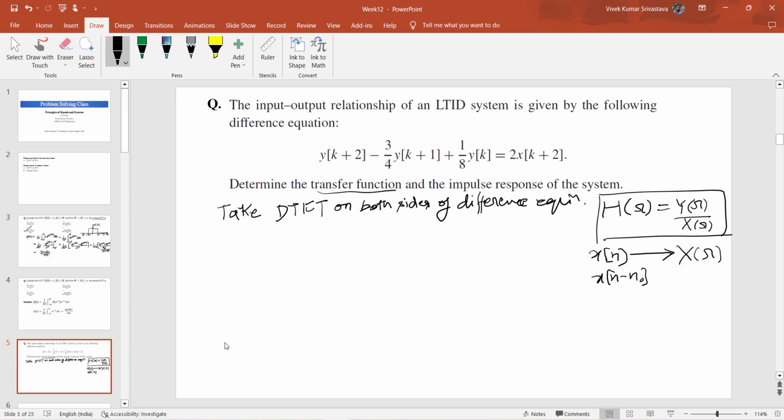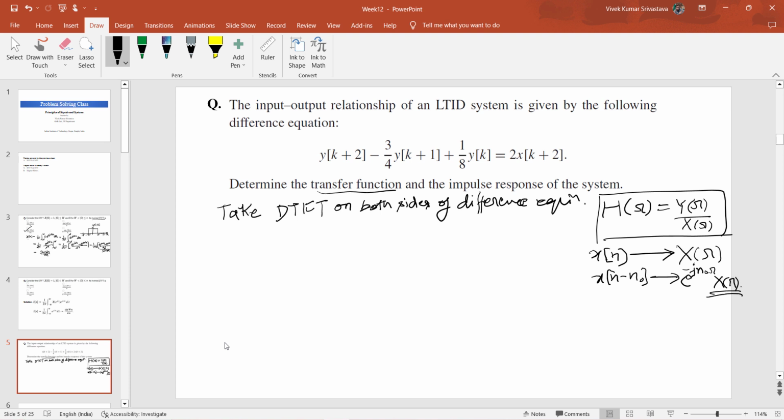So for determining the discrete time Fourier transform of the shifted function, we will multiply by an exponential term, that is e raised to the power minus j n naught omega into X of omega.